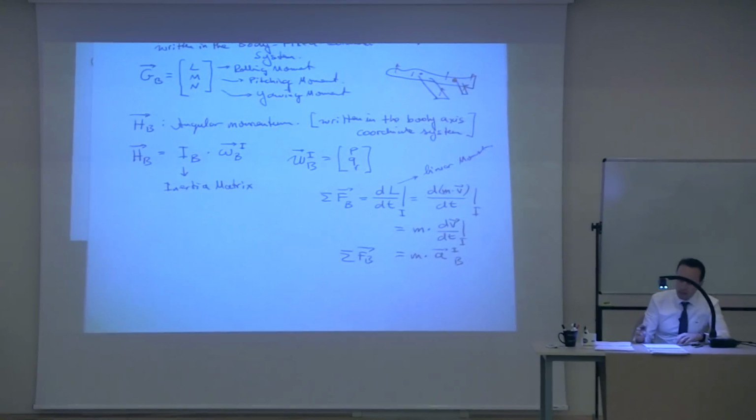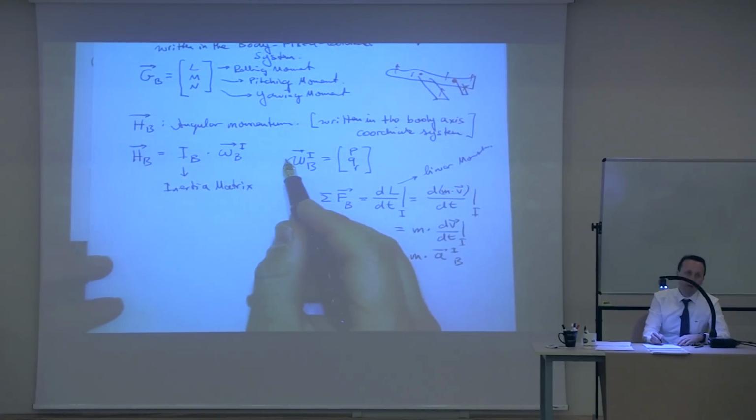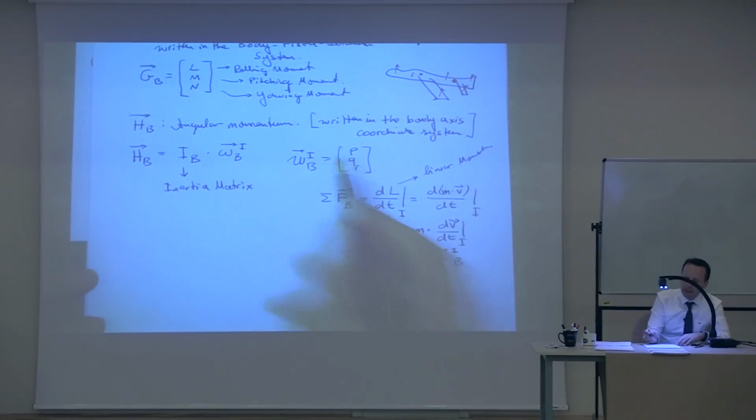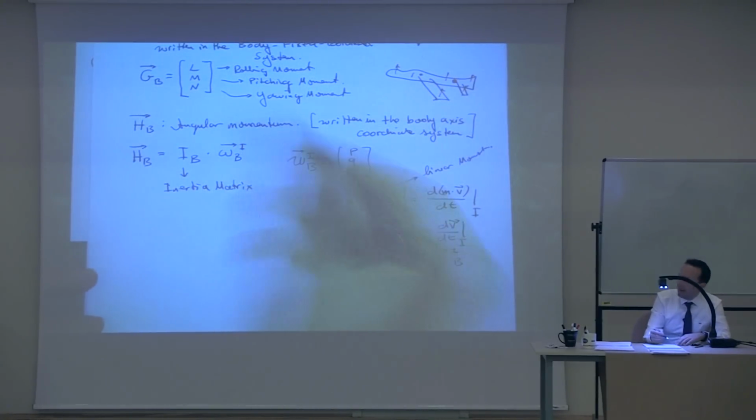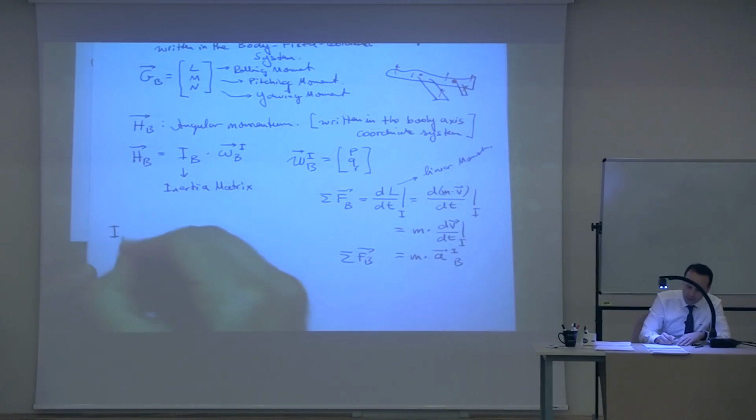Okay, so let me write down the inertia. This omega b, we talked a lot about this, p, q, and r, angular velocities in the body fixed coordinate system. What is new here, or what we haven't really talked about much, is this guy here, the inertia matrix. I want to talk a little bit about the inertia matrix.